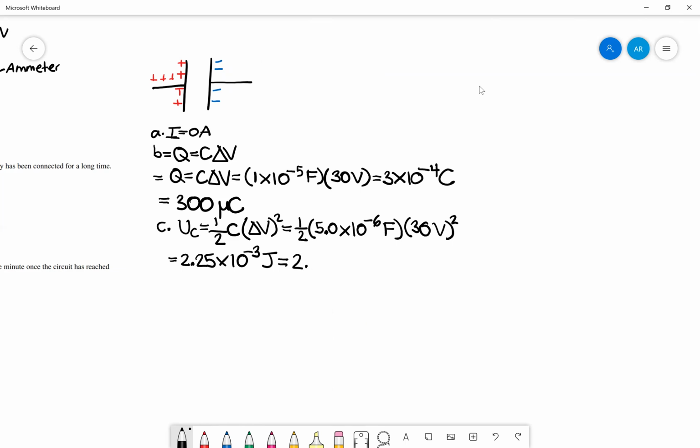You can write it as 2.25 millijoules, or, if you want to keep up with the micro convention that we've been using for charge and capacitance, you can write it as 2,250 microjoules. And that is it. That is the energy.